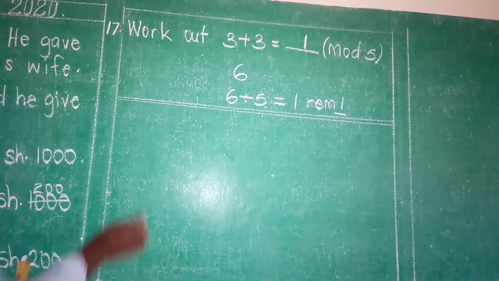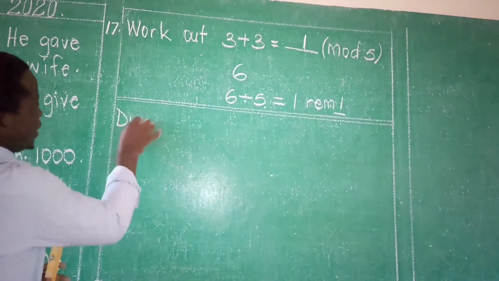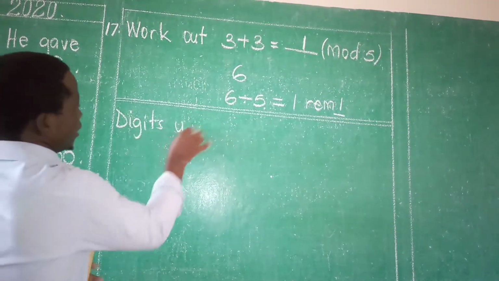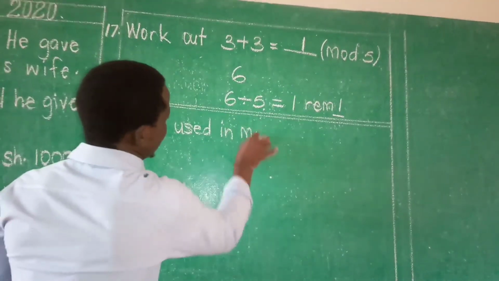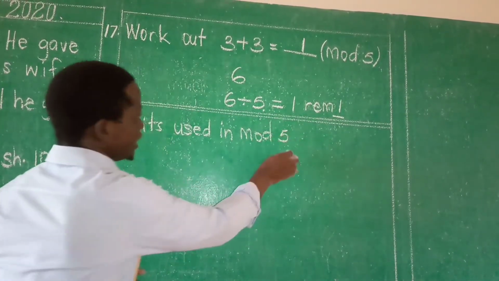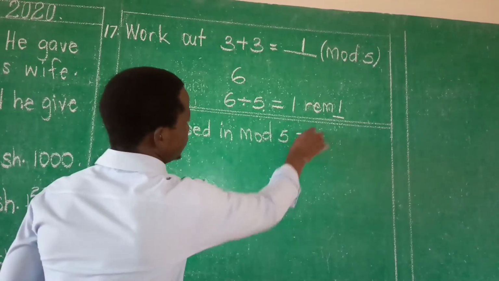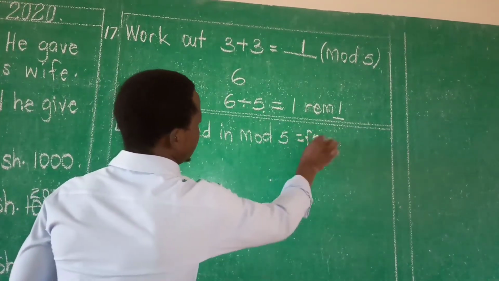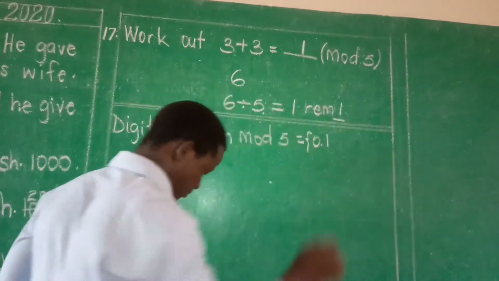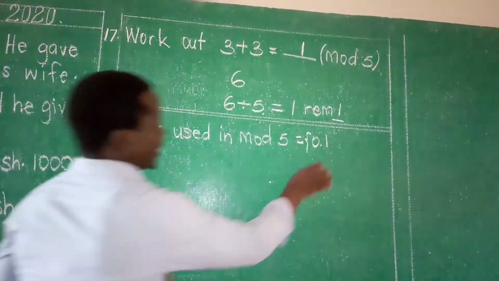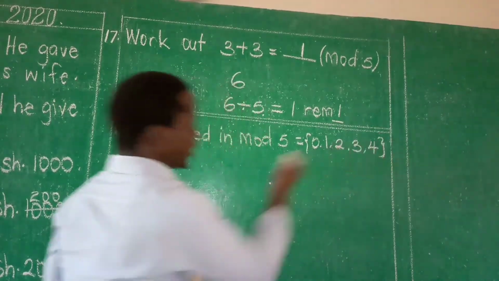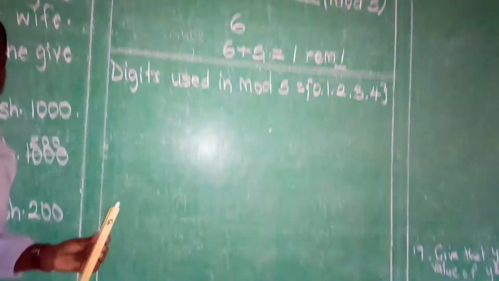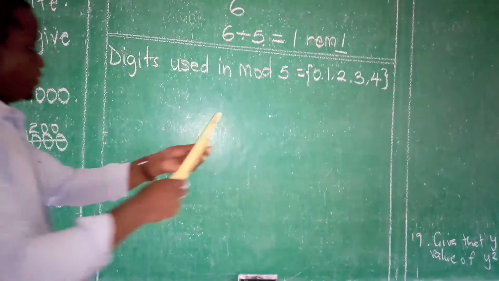Let's first list them. We say digits used in mod 5 are 0, 1, 2, 3, and 4. And these are the digits we are going to have in our die. So we draw our circle.